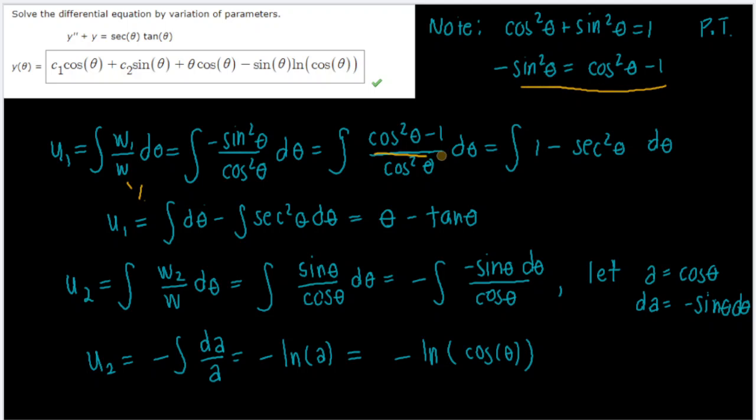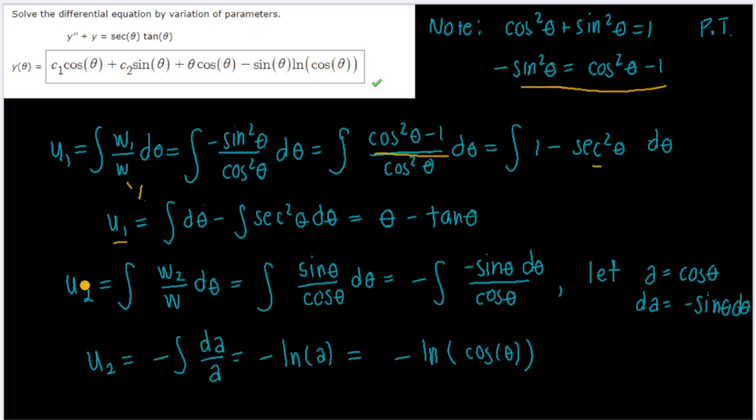That's why we have cosine squared theta minus 1 here, all over cosine squared theta. Simplifying, cosine squared theta over cosine squared theta is just 1, minus 1 over cosine squared theta, which is just secant squared theta. Now, when we integrate that, we can find the value of u sub 1. This is equal to theta minus tan theta.